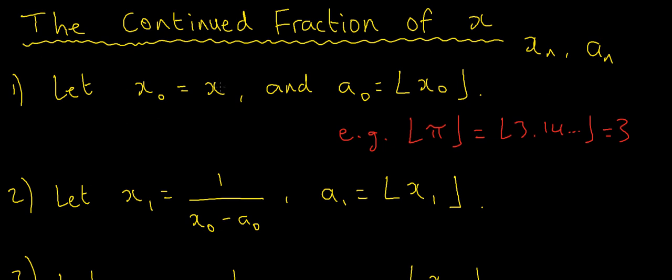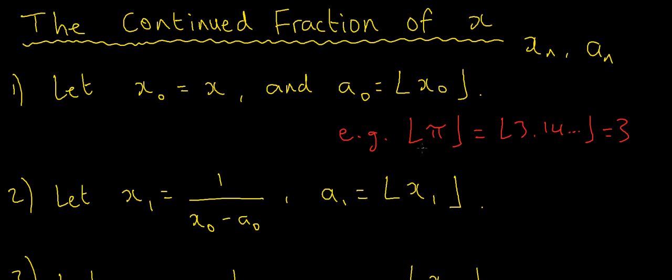So the first step says that if we want to find the continued fraction of x, then we set x0, the first term in the sequence of xn's, to be our number x. And I'm going to say that a0, the first term in the sequence of an's, is going to be the floor of x0. Now, if you don't know what the floor function means, the floor is basically the largest integer which is smaller than x0.